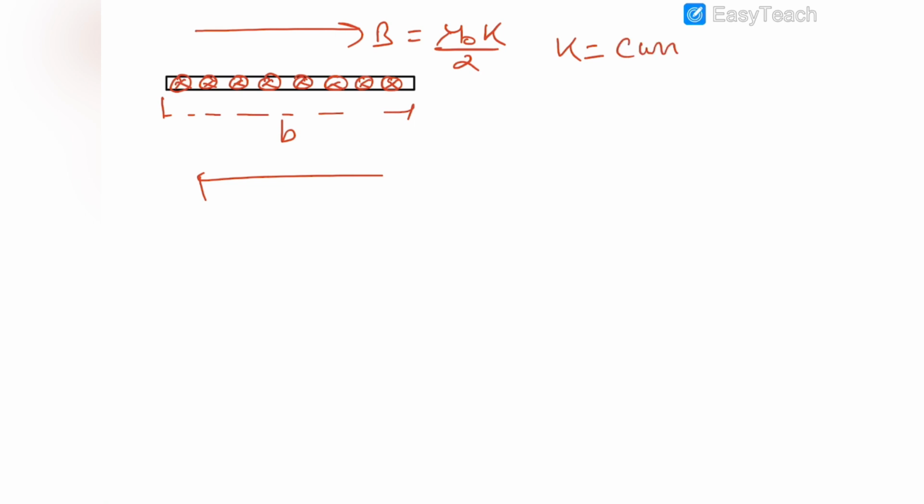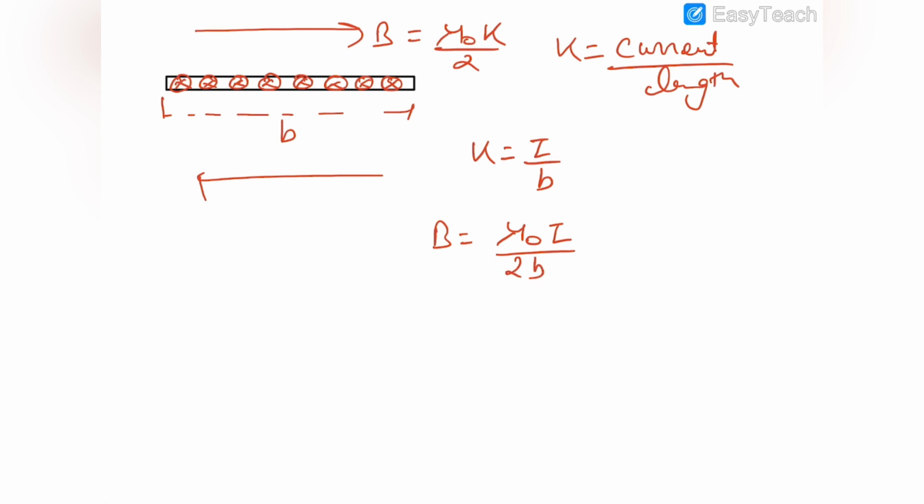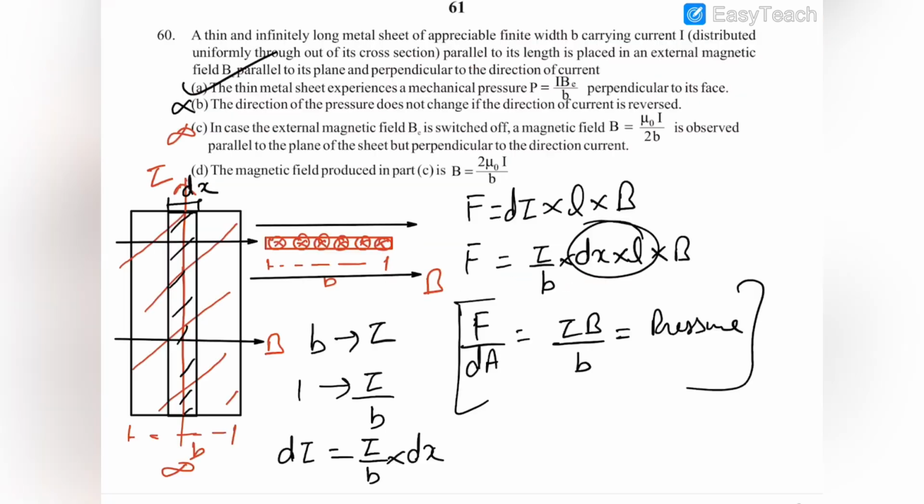In this case K is I by b, so B will be equal to mu naught I by 2b. So the correct option is C, and therefore option D is wrong.